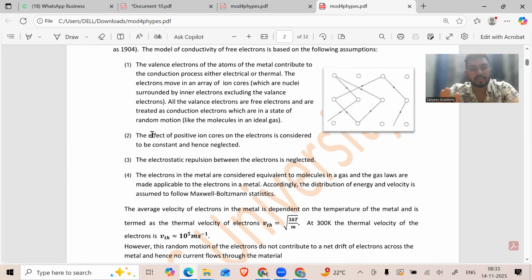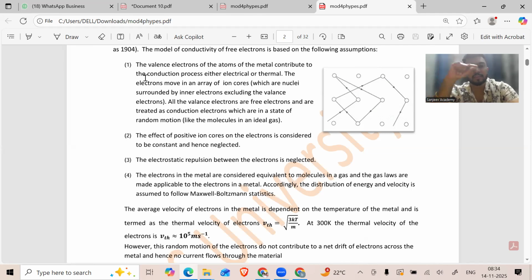So what does this classical free electron theory state? You write the notes carefully, because whatever I'm telling now is a very simplified form of what is given here. Metals contain free electrons, just like gas molecules move.